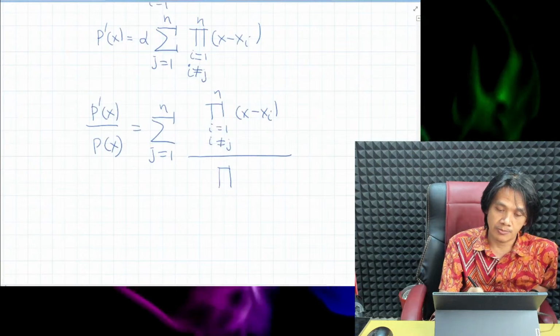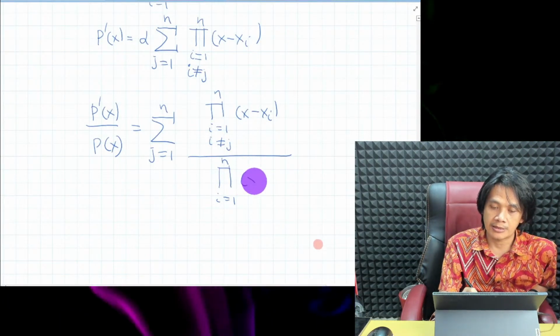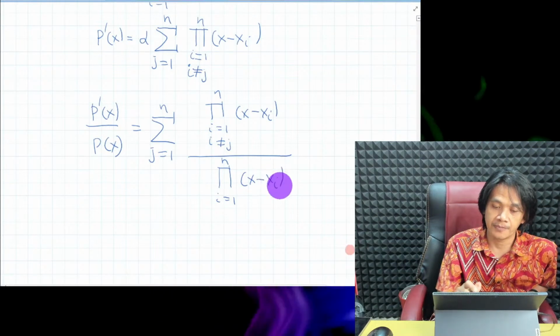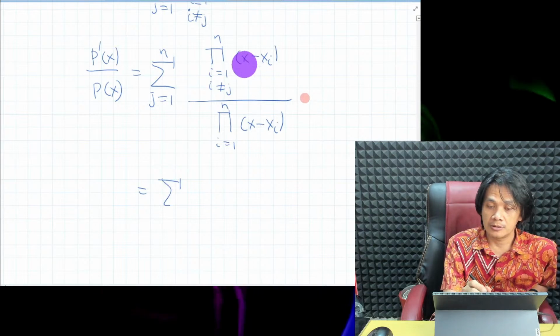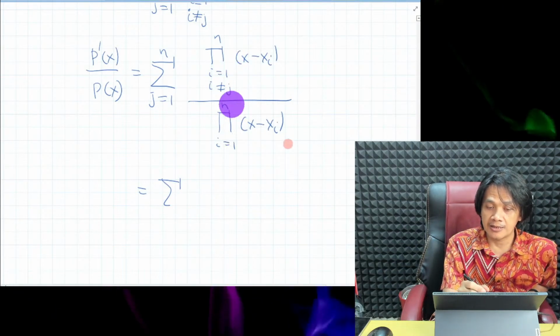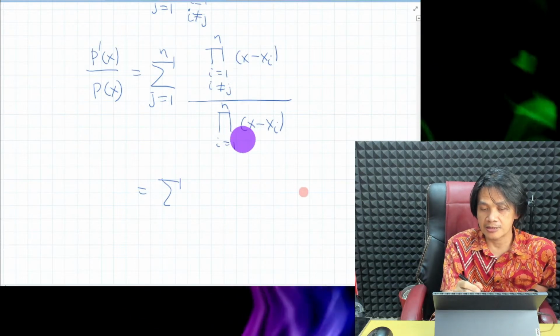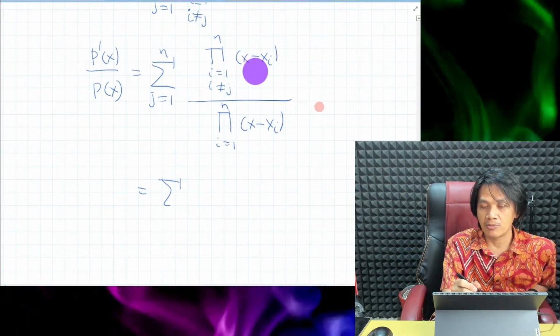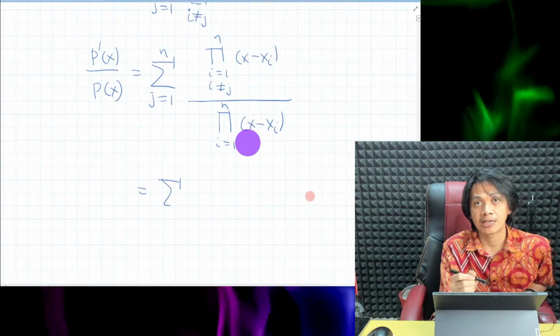So this is a product from 1 up to n of x minus xi. Okay. So if we simplify this expression, they are similar. The only difference is that on the numerator we don't have x minus xj, meanwhile on the bottom we have x minus xj.